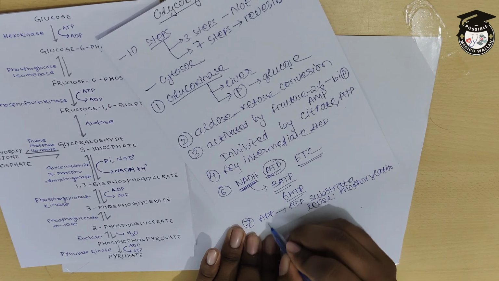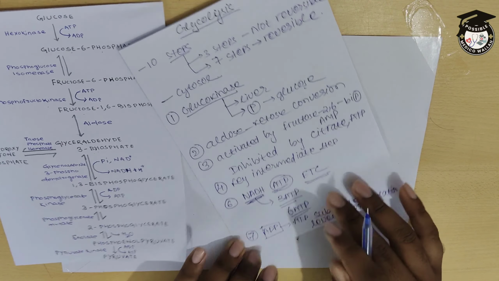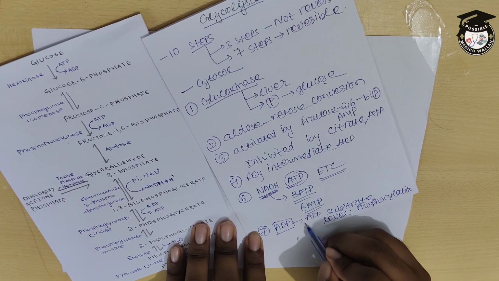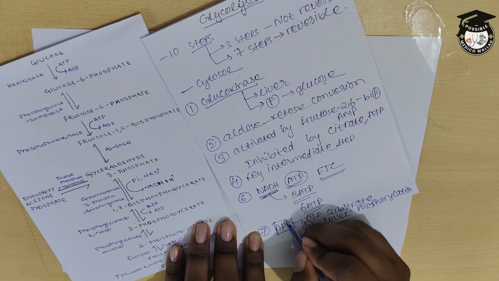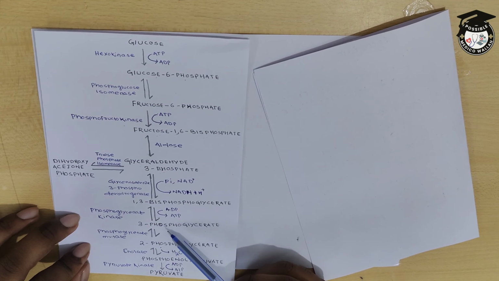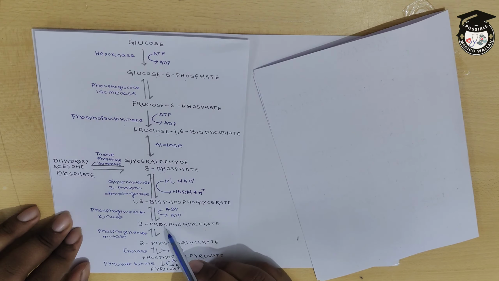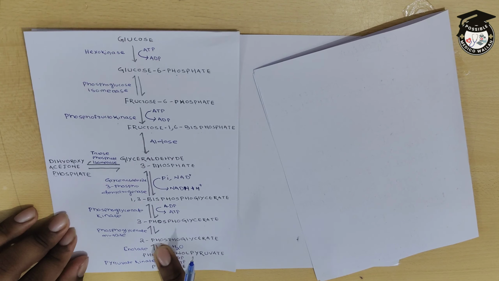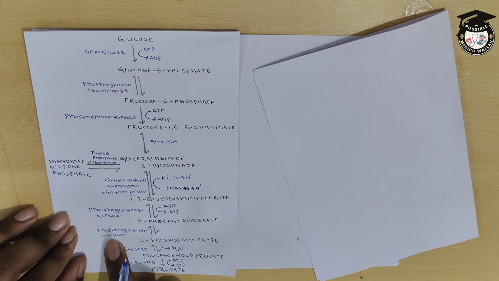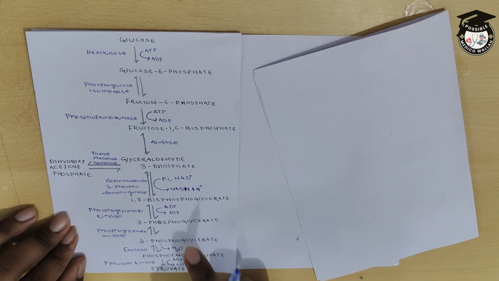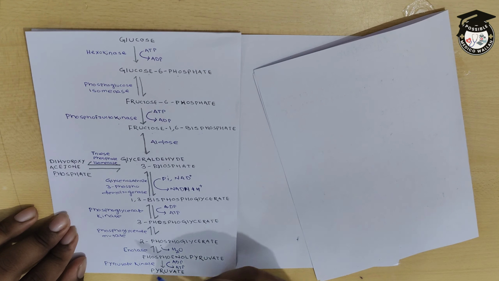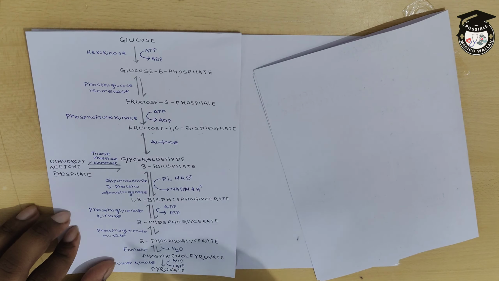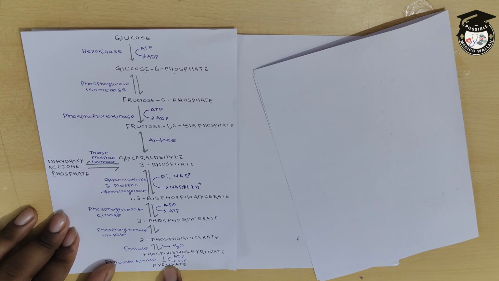Substrate level phosphorylation means a phosphate group is added to ADP directly from the substrate. Come to the next step, in which 3-phosphoglycerate is converted to 2-phosphoglycerate by phosphoglycerate mutase. This is a type of isomerization reaction. It is also a reversible reaction. This is a key intermediate step for the production of pyruvate.